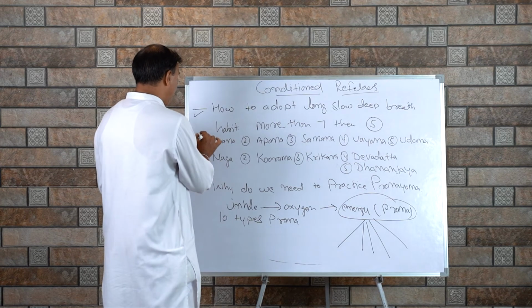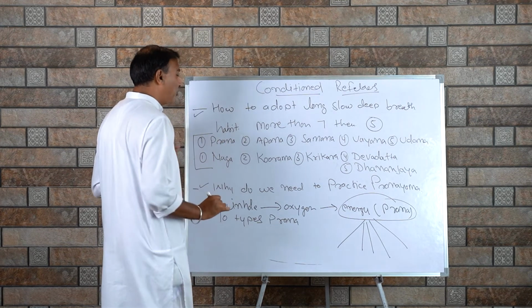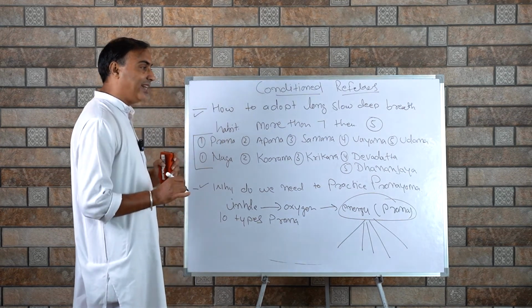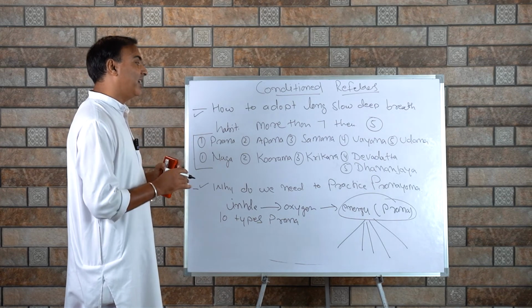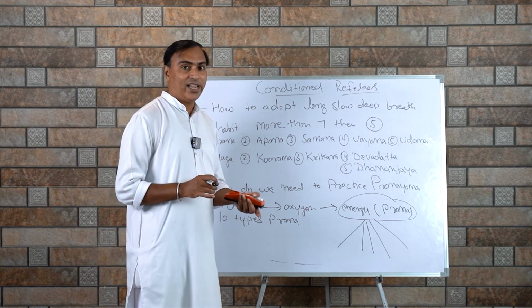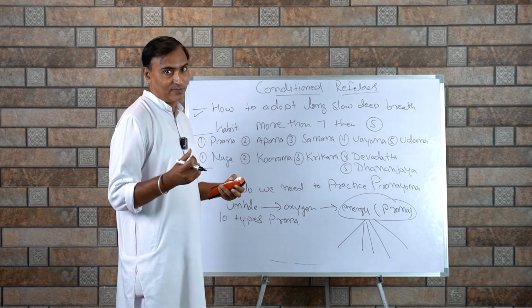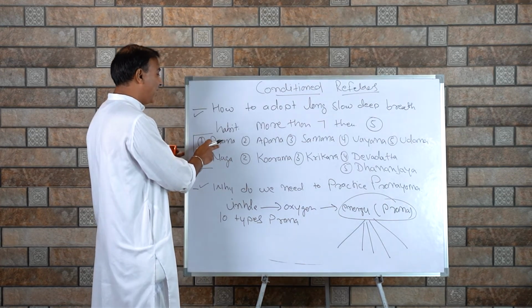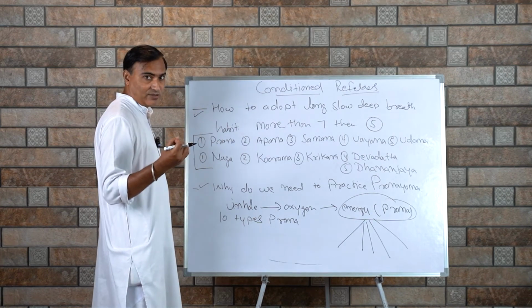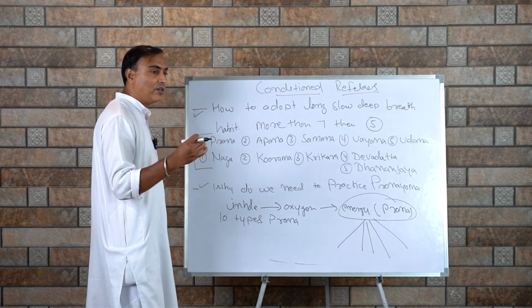So these are the 10 types of energy or prana that we get after each inhale. And all these pranas start working after each inhale. Prana is responsible for inhalation. Because of the prana, our respiratory system is able to inhale.